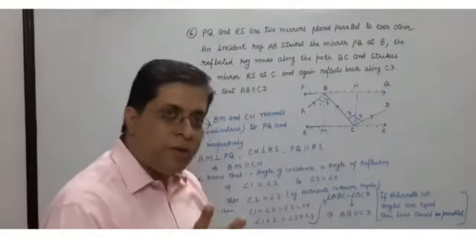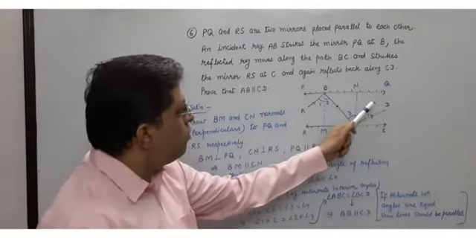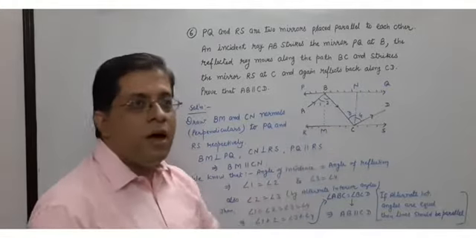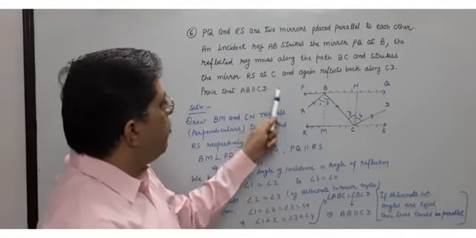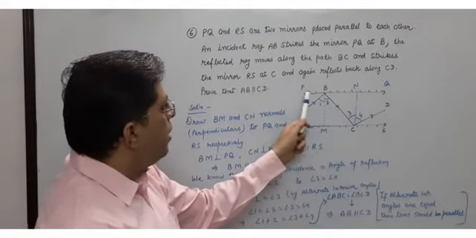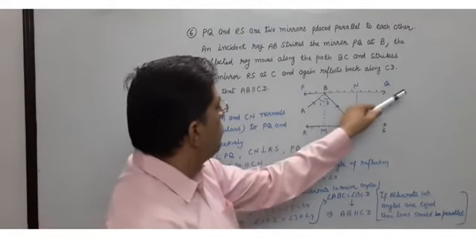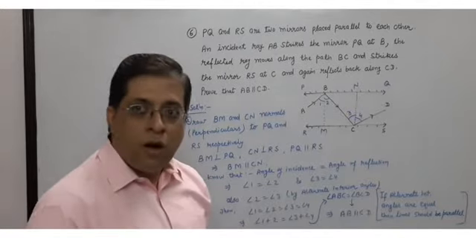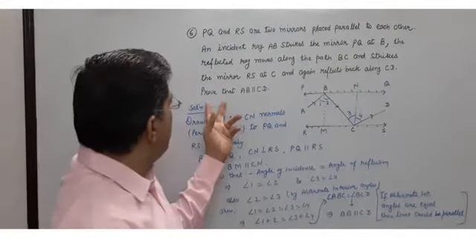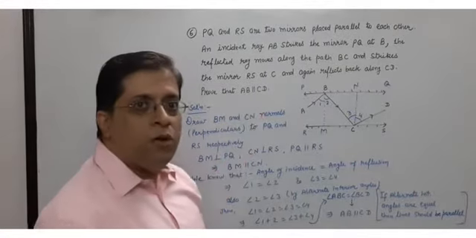It means we have two mirrors. One mirror is PQ and the second mirror is RS. At point C, it again reflects back along CD. And what you have to show? You have to show AB is parallel to CD.